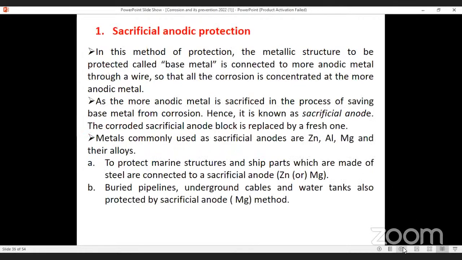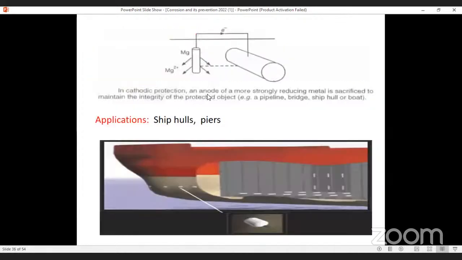The first one is sacrificial anodic protection. Just see the picture. The name itself tells it. This is the metal whose corrosion we are going to prevent. For that, we need to coat this metal with another metal whose oxidation potential is very high compared to this base metal. The base metal is the metal we are going to protect.